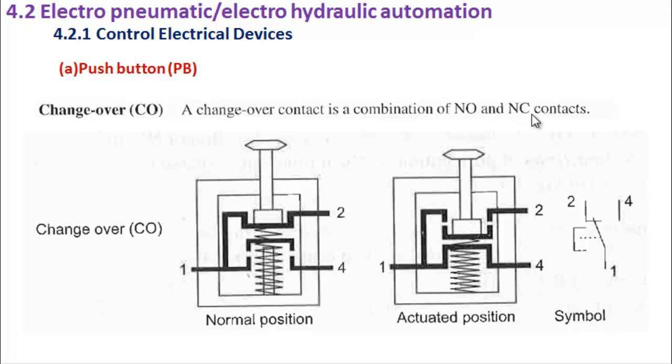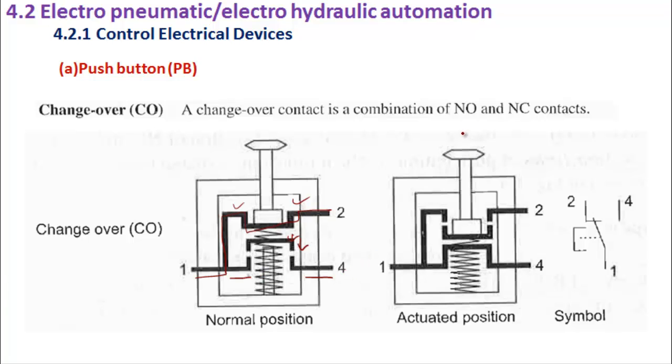If you look carefully, normally 1 and 2 are connected, whereas 1 and 4 are not connected. Why? Because the contact between 1 and 2 is already there, whereas this contact is not pressed down, because of which between 1 and 4 there is no contact.